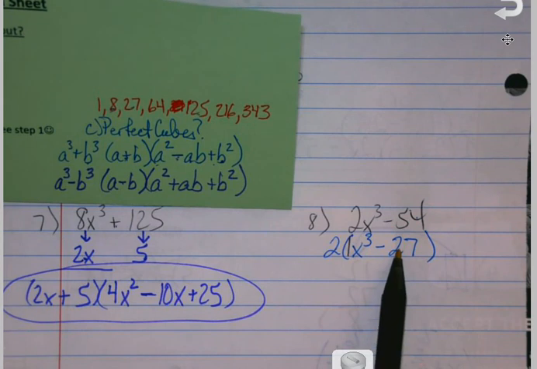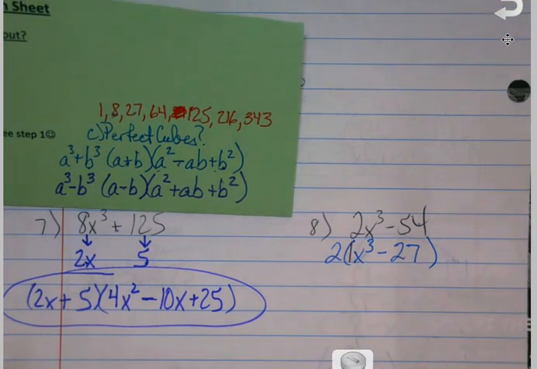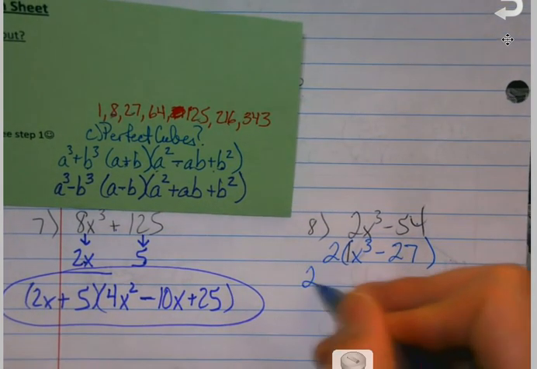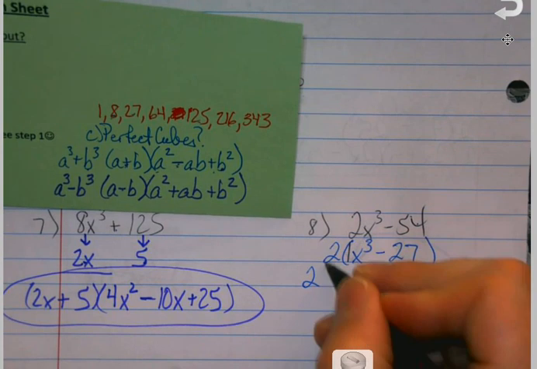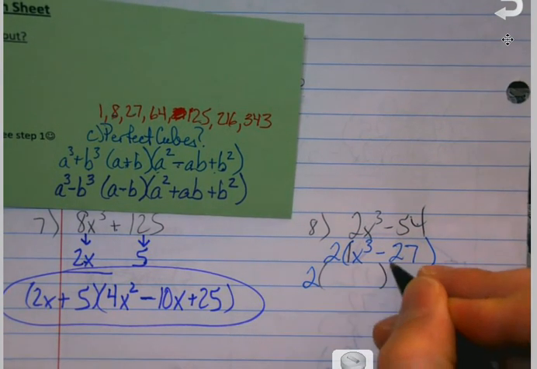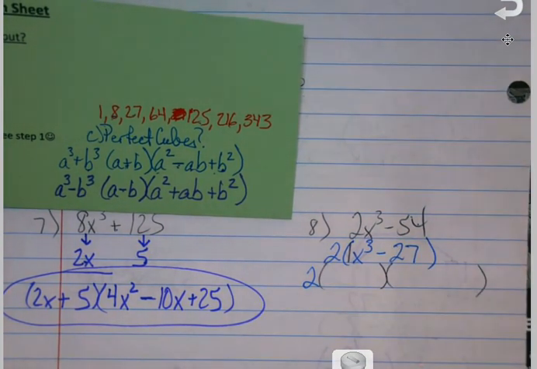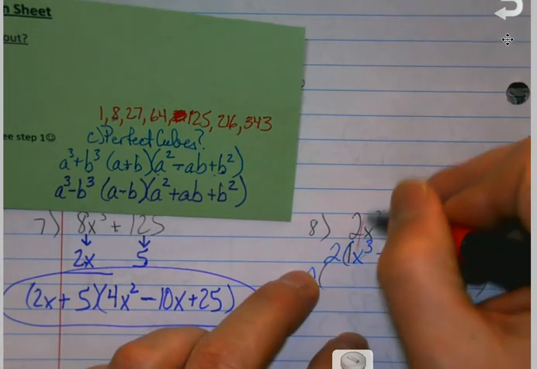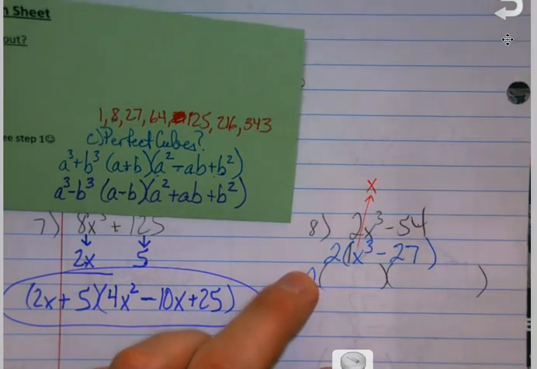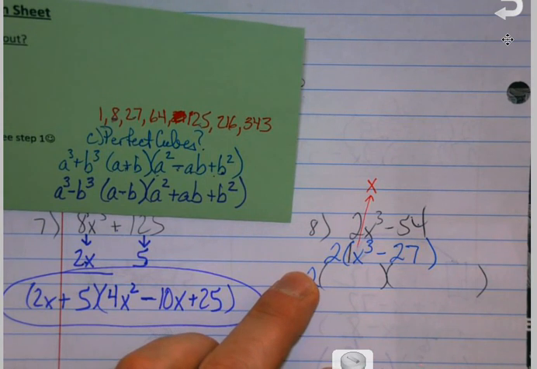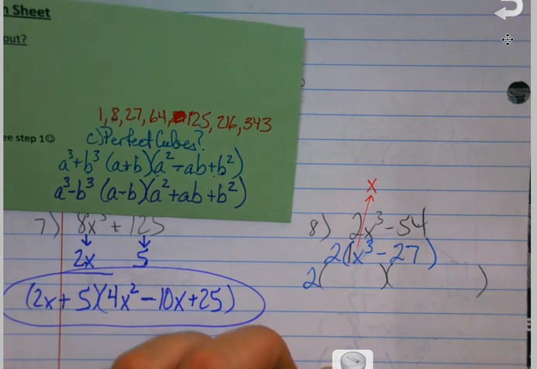I have a difference of cubes. So, I leave the 2 alone. Now remember, and I wish I'd have done this a little bit differently, but we're going to make this work. Whatever I cube to get x cubed, which would be x, that's going to be my first term.